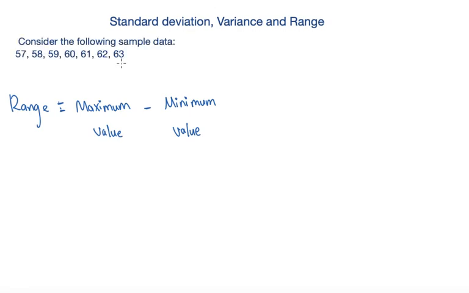And these numbers luckily have them ranging from the lowest to the largest, but if you have more complicated numbers and they're randomly given, what I recommend you to do is to arrange them so you can easily get the lowest and the highest numbers. So we have here 57 and 63. So our range in this example is 63 minus 57, which gives you 6.